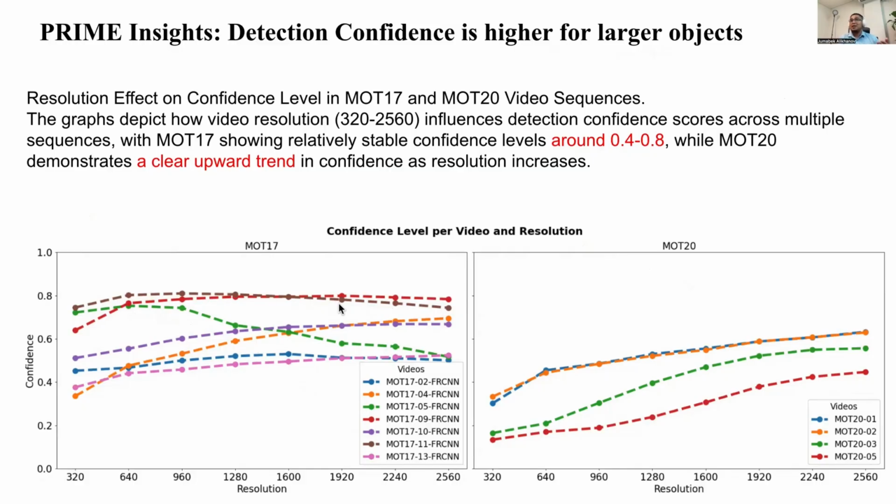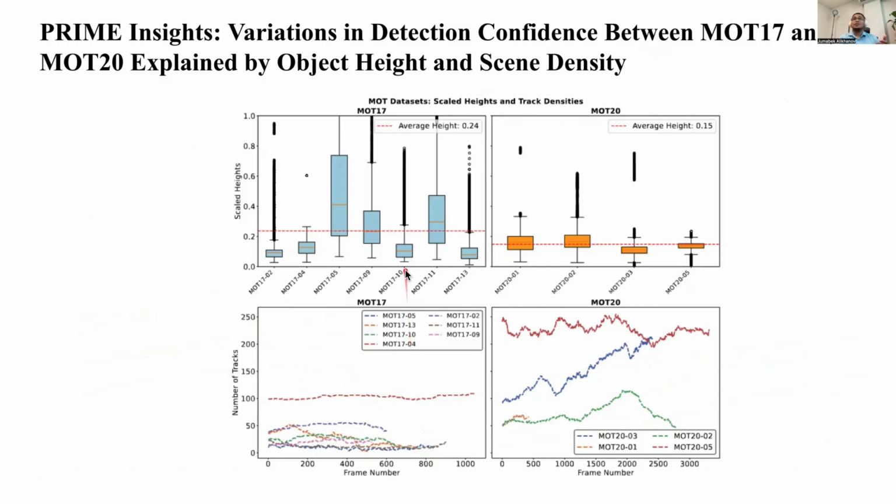So that's why maybe it's not helping much for MOT17. So let's look at this purple one, and let's see more details about it. The purple one is the 10th sequence of MOT17. And if you see the 10th sequence of MOT17, its scale is much lower compared to other videos, right?